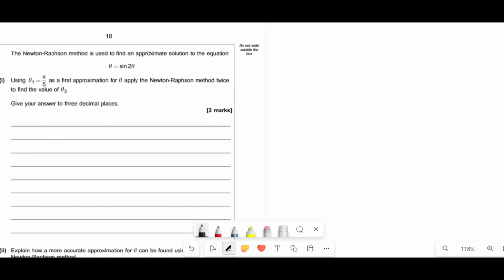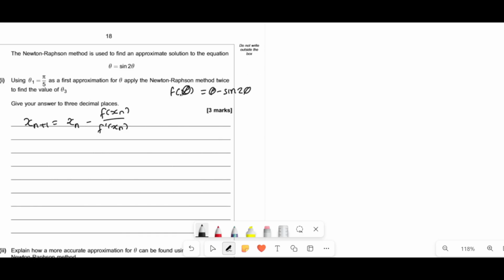The Newton-Raphson method is used to find an approximate solution to the equation here. Using theta 1 as pi over 5 as the first approximation for theta, apply the Newton-Raphson method to find the value of theta 3 and give your answer to 3 decimal places. The Newton-Raphson formula says x n plus 1 equals x n minus f of x n over f dash x n. We know that f of theta is theta minus sine 2 theta.